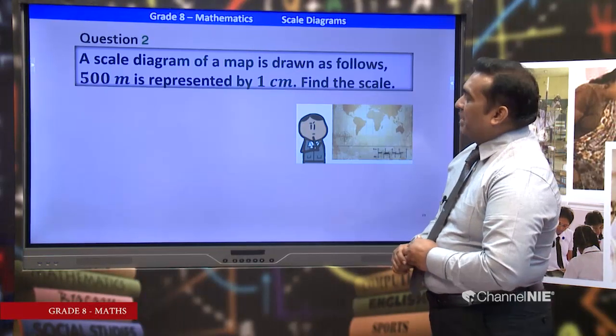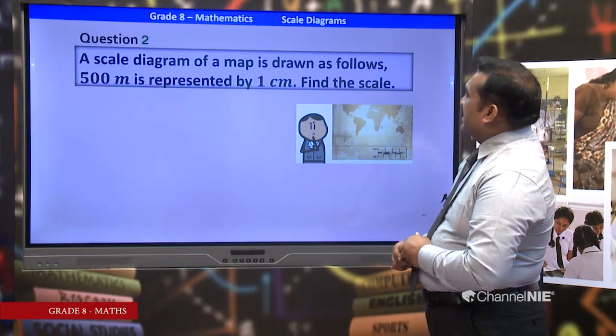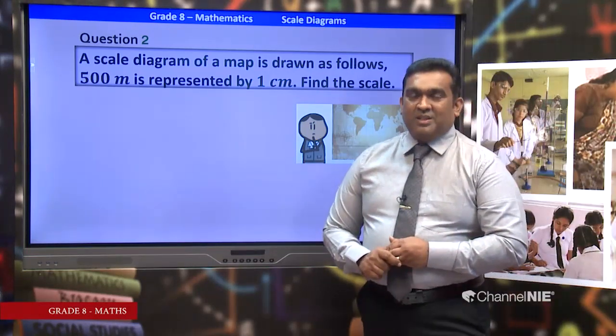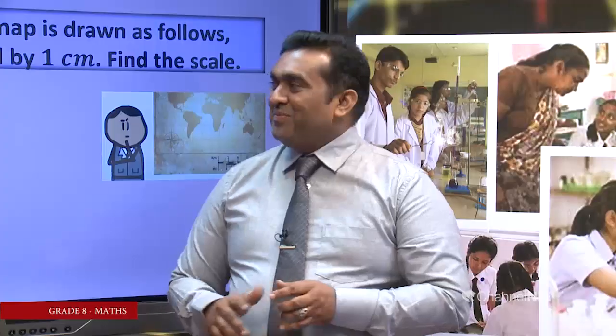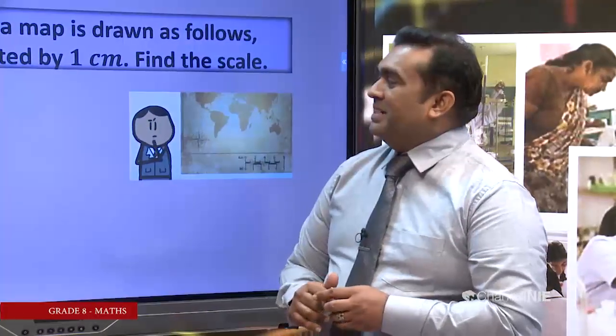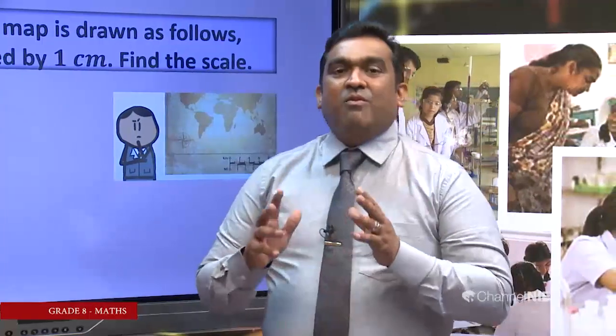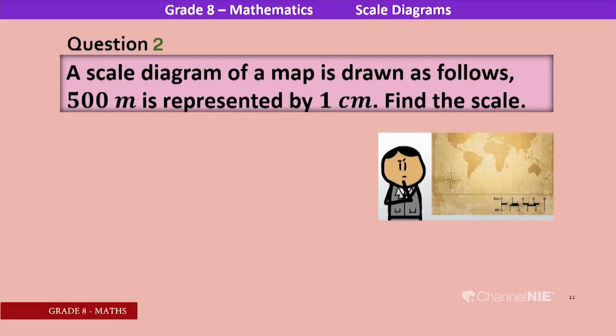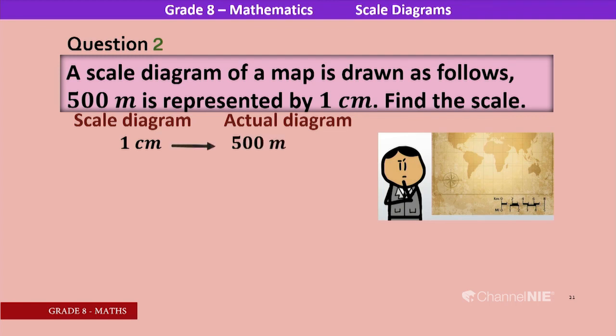Question number 2. A scale diagram of a map is drawn as follows. How to draw the map? According to the given information, you can see 500 meters is represented by 1 centimeter. Find the scale. Scale diagram, actual diagram. 1 centimeter, then 500 meters.